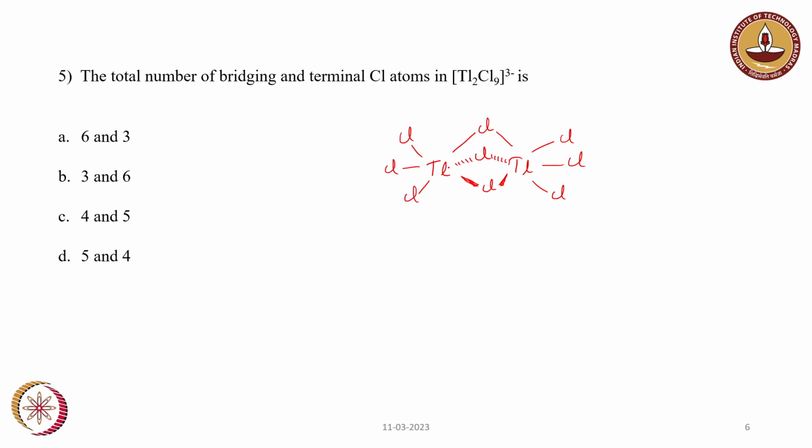So on one thallium, one side there will be 3 chlorine terminal and 3 bridging. On the other side, again 3 chlorine will be terminal. So option B is the answer, where 3 bridging and 6 terminal chlorine atoms.